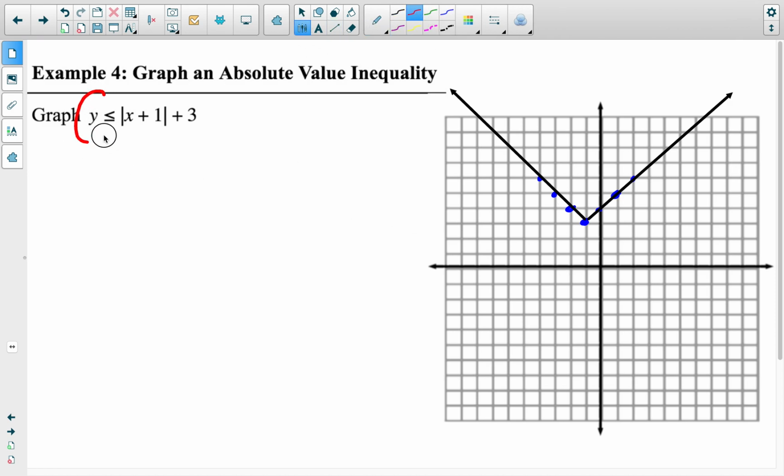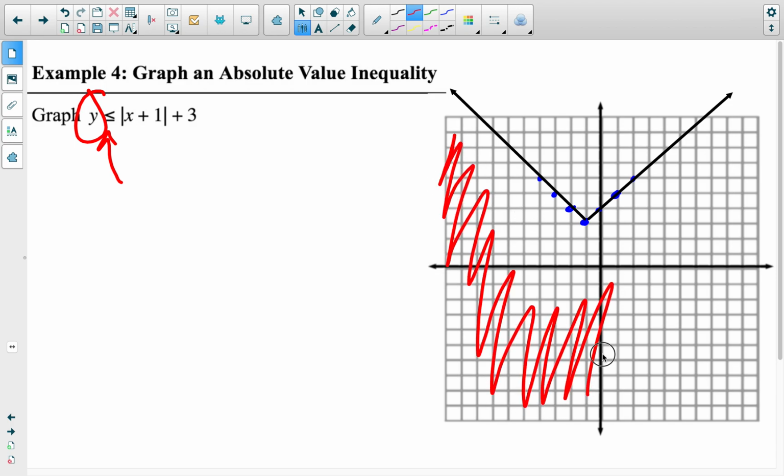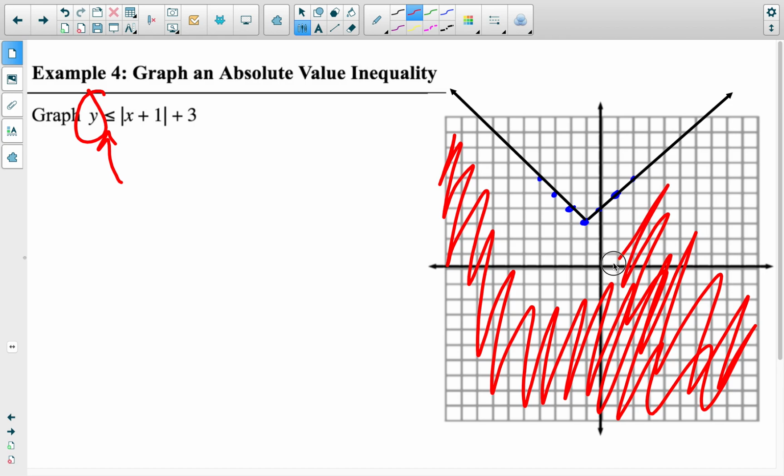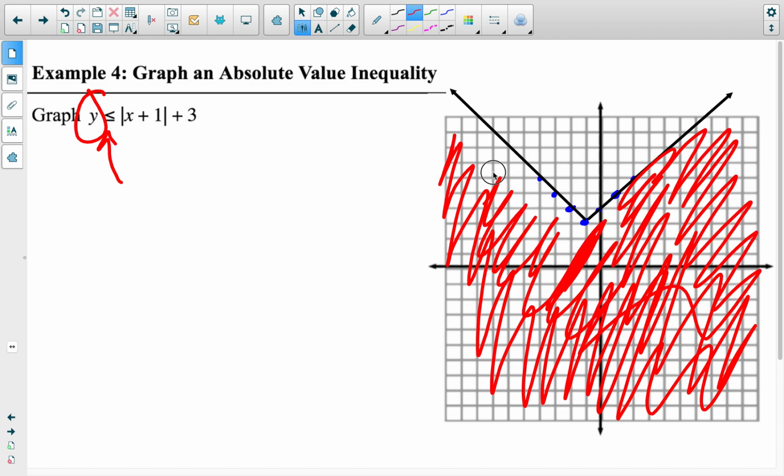This is one where y is clearly solved for. So since we have a less than or equal to symbol, we can use that shortcut and say, okay, we're going to shade below. If you don't understand that logic of shading above versus below, then it's never going to hurt you to just plug in a point and check.